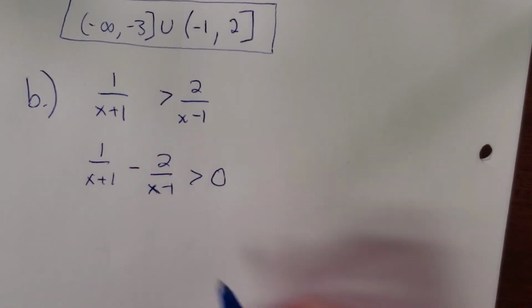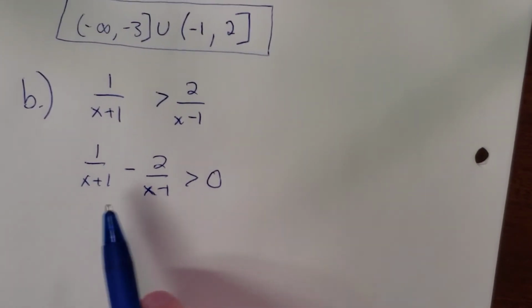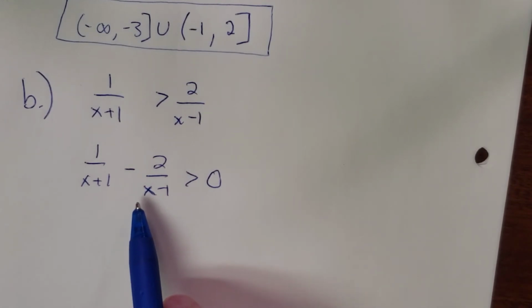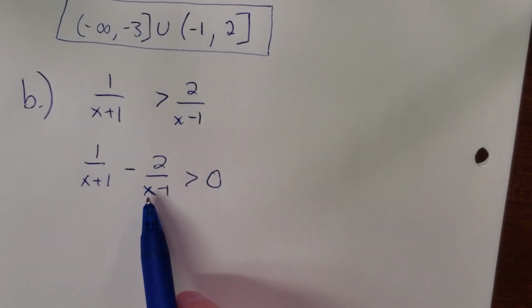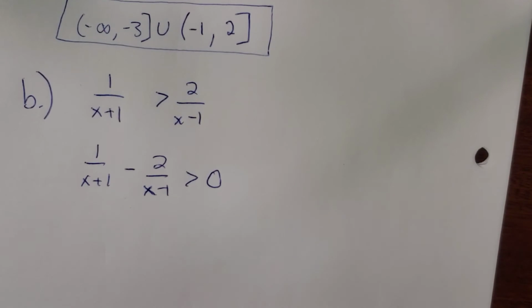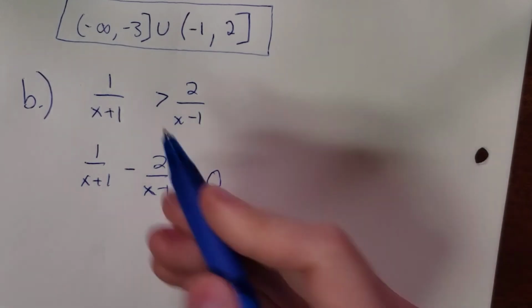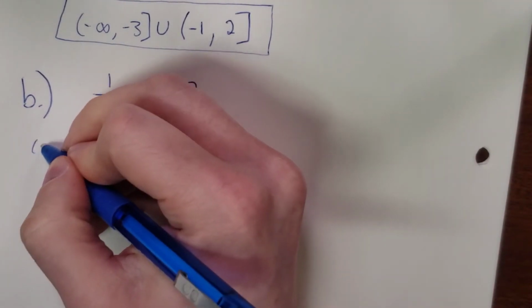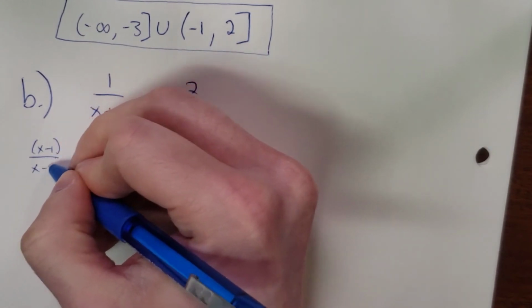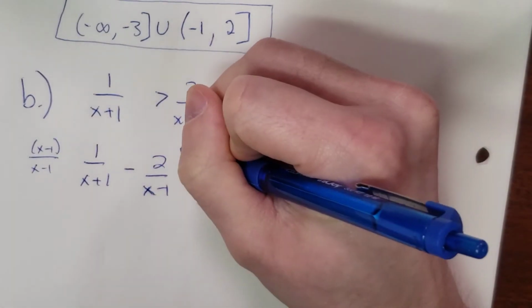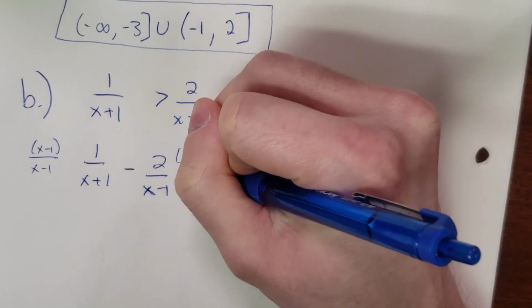Then we want to make it look like the previous problem. Well, to do that, we need to have a single rational expression. How do we do that? We add the rational expressions here. So on this side, I want to multiply by x minus 1 over x minus 1. And on this one, I want to multiply by x plus 1 over x plus 1.